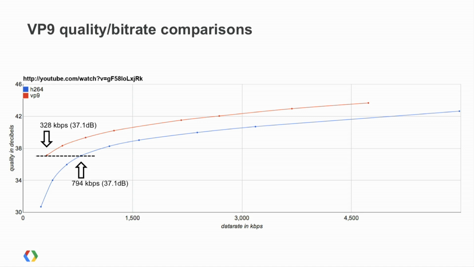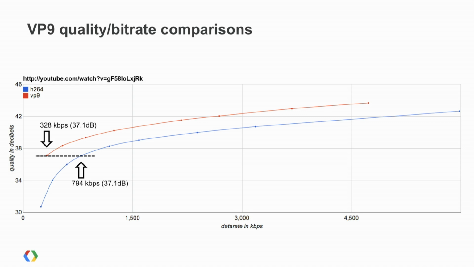But what we usually do is we do it the other way around. So we're drawing a horizontal line for the point on the red graph, and we're finding the point that matches that horizontal line on the blue. And what you're looking at here is that for the point that we were just looking at, that is a quality metric point of about 37.1 dB.